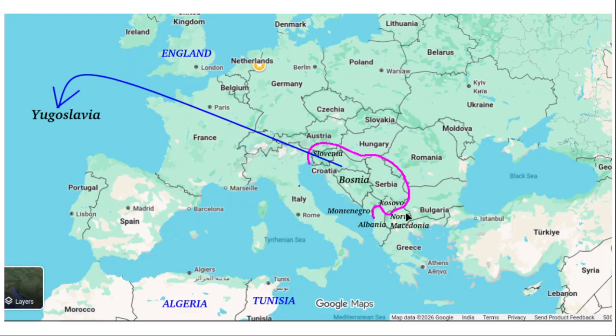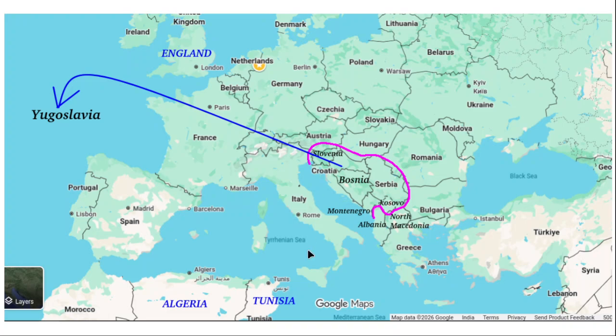This bordered region was once called Yugoslavia. Yugoslavia comprised 6 countries like Slovenia, Croatia, Bosnia, Serbia, Kosovo, Montenegro. All these nations combined together formed Yugoslavia. It was just beside Italy.